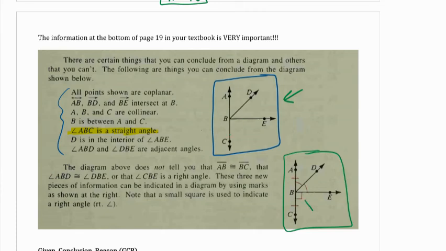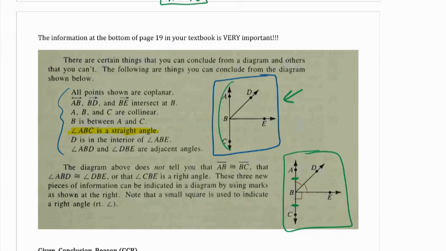If it's marked, like in this picture, then I know it's a right angle. But if it's not marked, then I don't know it's a right angle. Okay, same thing with congruence, and we talked about this a little bit. It looks like B is a midpoint of that segment. If it's marked, like down here, right, I've got my two little congruent pieces, then I know B is a midpoint.